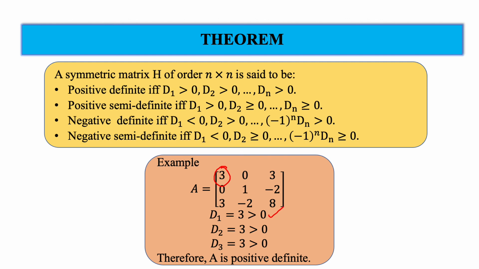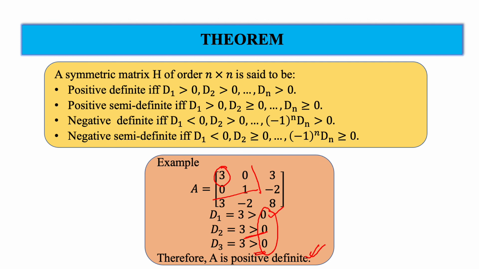Then D2 is the leading principal minor of order 2 by 2, so the determinant is 3 into 1 minus 0, which is again 3, strictly greater than 0. And D3 is the determinant of the full matrix, which is again 3, strictly greater than 0. So all the leading principal minors are strictly greater than 0. This means that matrix A is positive definite.